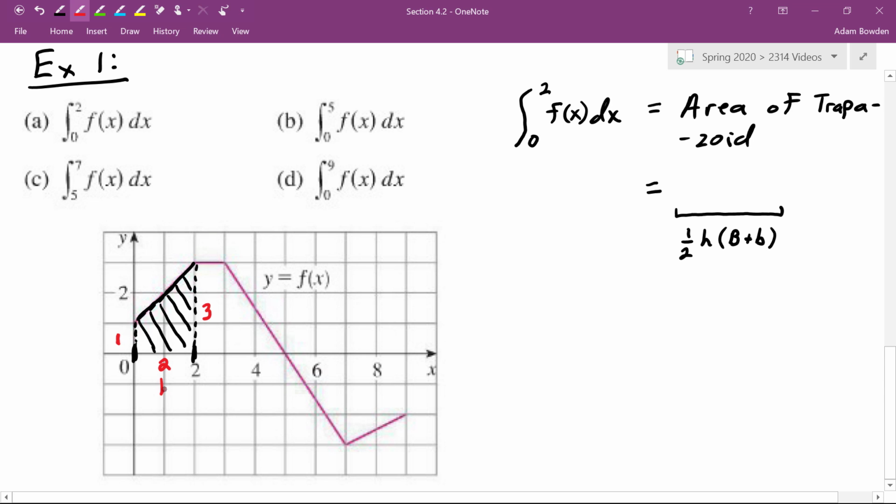And this is like our height, and this is like our two bases right here. So I can use those numbers, 1/2 times 2 times 1 plus 3. And if we do the calculation, that's going to come out to be 4. So the area contained between these two values of x is 4.